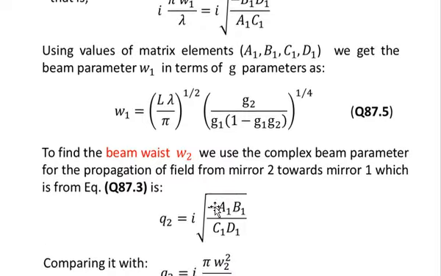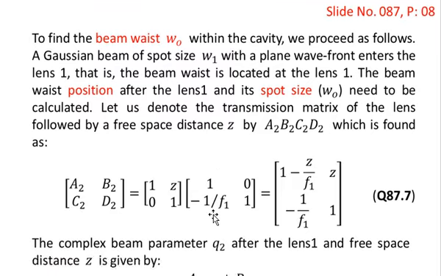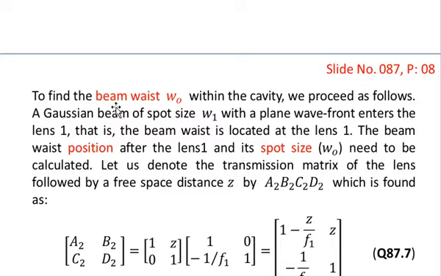So for that, we have to do the calculations for W0. To find the beam waist W0 within the cavity, we proceed as follows. A Gaussian beam of spot size W1 with a plane wavefront enters the lens 1. This is what we know. You see that we have found the spot size radius W1 at the location of lens 1 or mirror 1, and you know that there the wavefront was a plane wavefront.